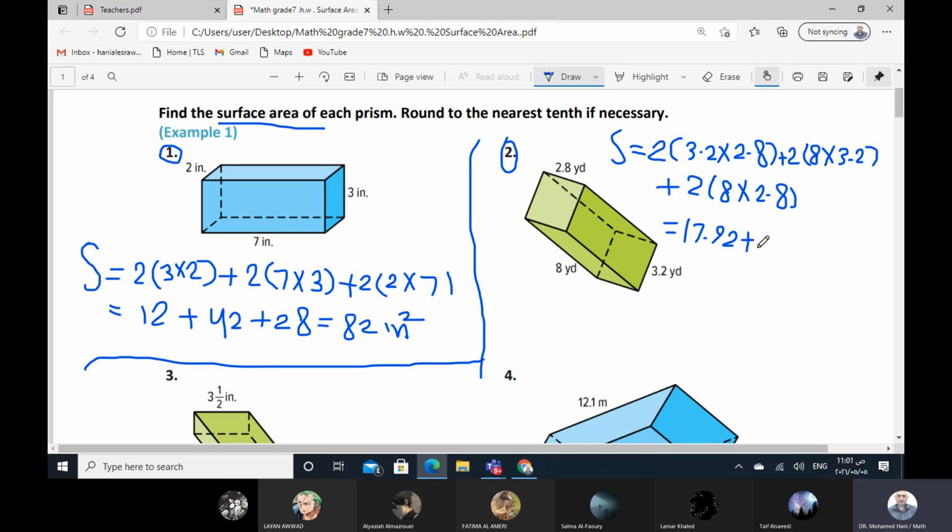So the answer will be 51.2. Plus here we have 2 times 8 times 2.8. So the answer will be 44.8.